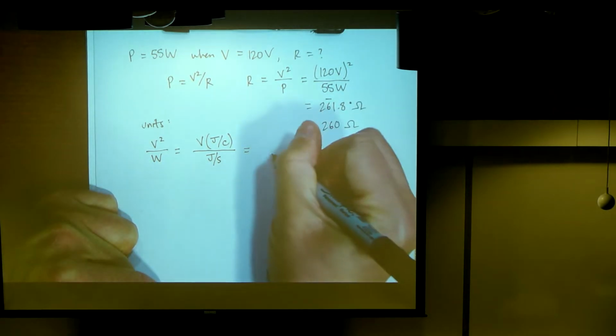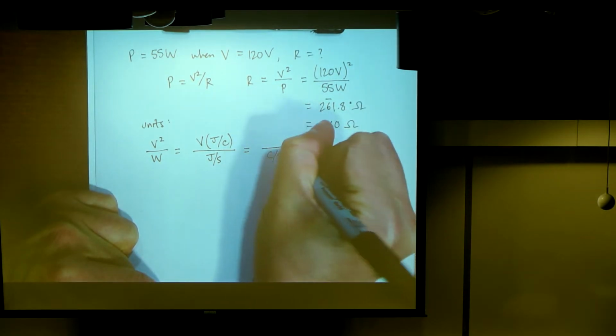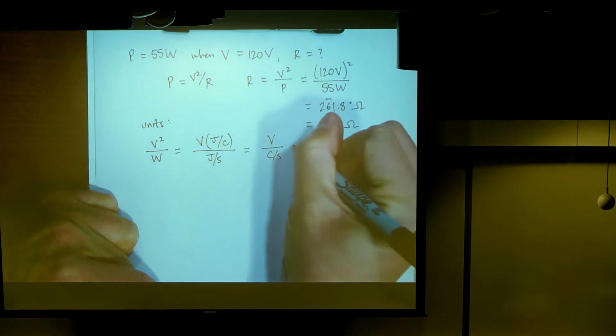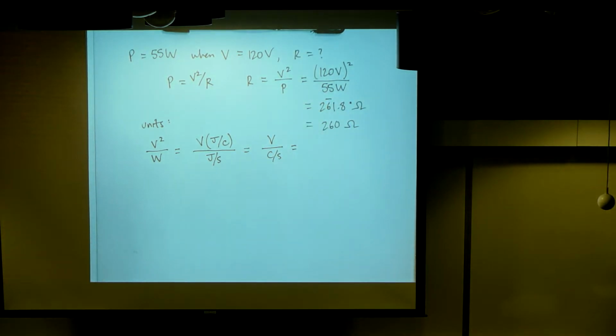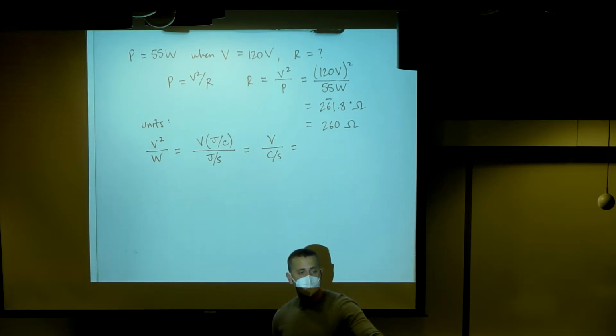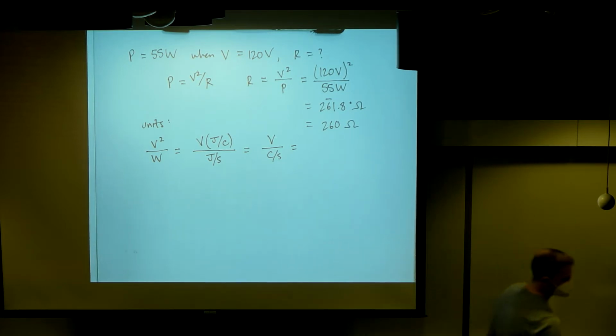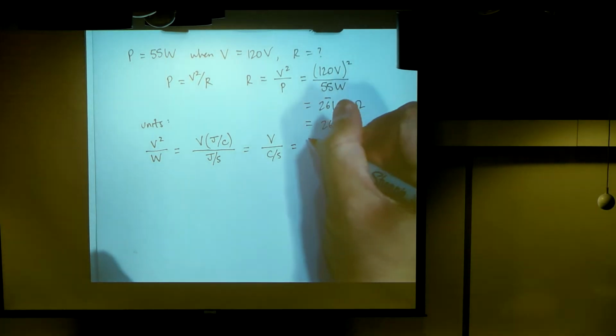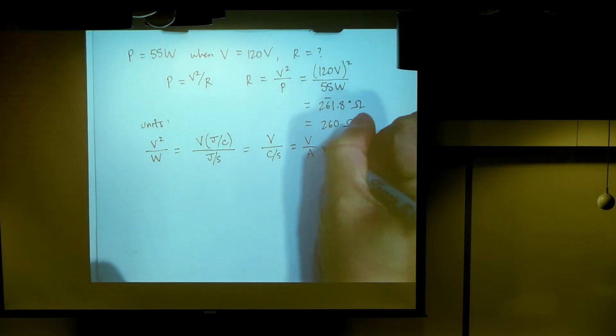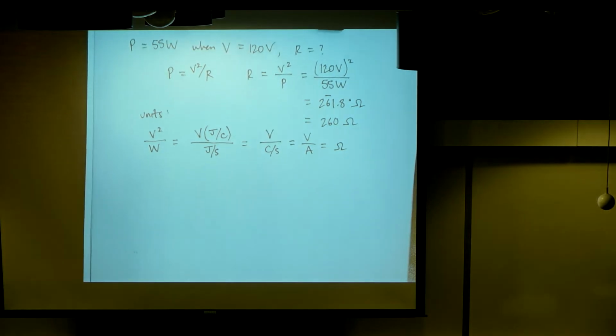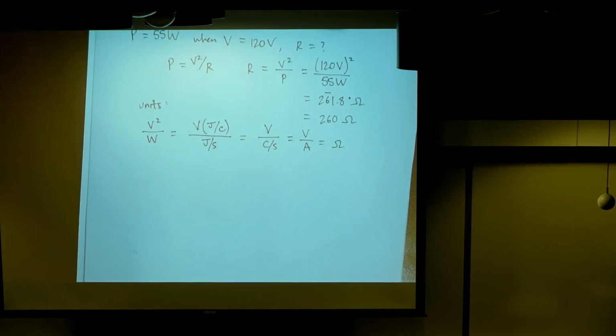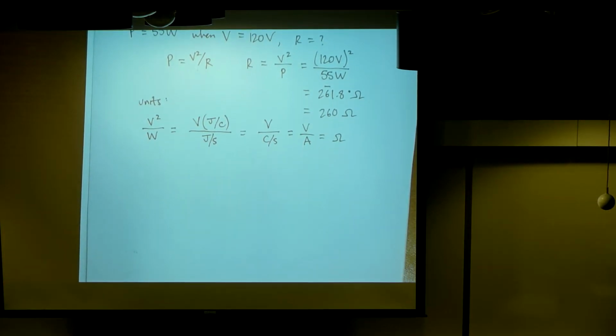And now we have coulombs per second on the bottom and volts on top. Now, what is a coulomb per second equivalent to? That's an amp, right? That's a unit of electric current. So what we have here is a volt per amp, isn't it? And hopefully you recall that that's what an ohm is. Okay? So that's how the units shake out here. All right, now let's do the next part.